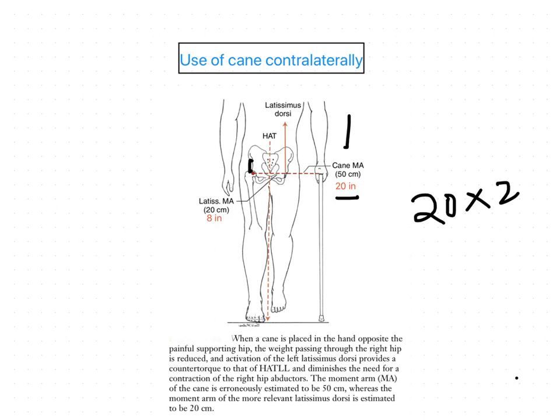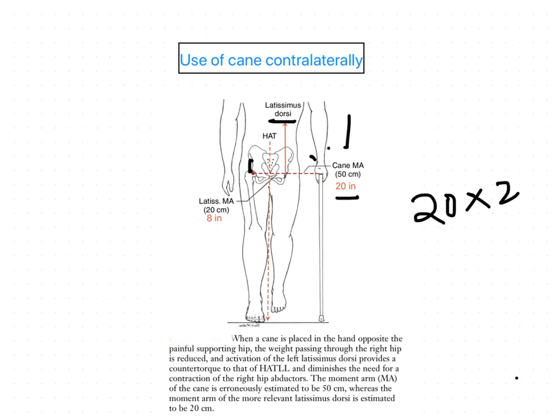Now what will the total hip joint compression be? As we know, there is 125 lb of body weight compression, and the abductor force is 150 lb. The latissimus dorsi force we should not consider, because it creates an upward thrust, transmitting the superimposed body weight to the arm and to the cane.